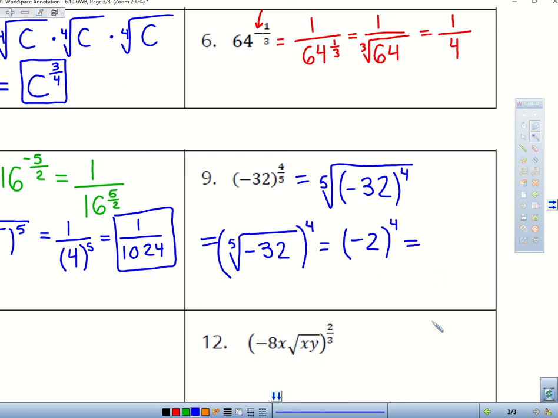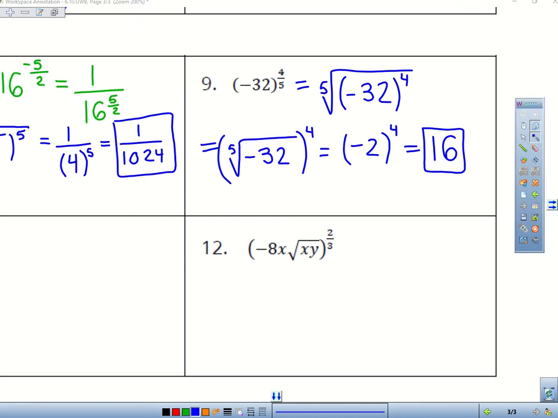So my final answer is 16. Because since it's an even power, the negative cancels out. A negative number to an even power becomes positive. A negative number to an odd power stays negative. Make sense? Okay.